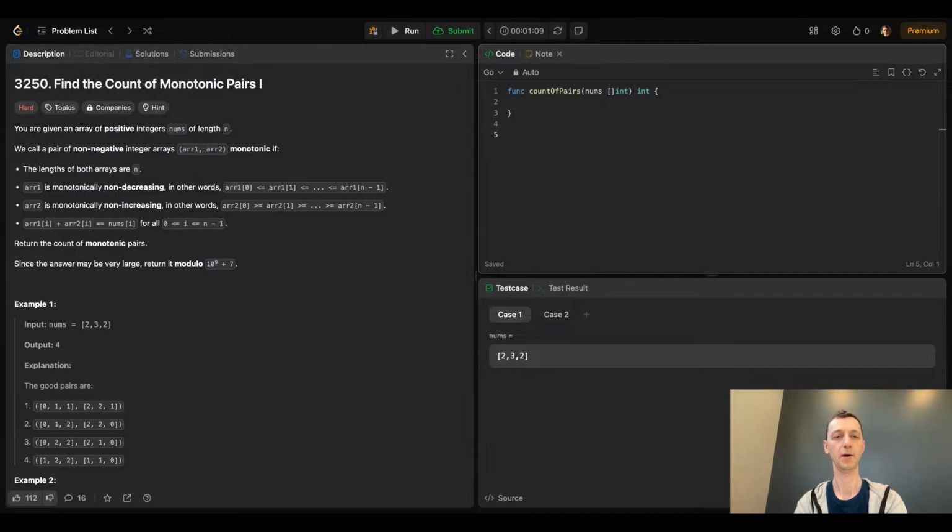So yeah, together they form the value in nums. Return the count of monotonic pairs.